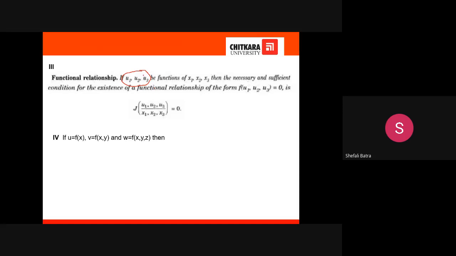Property number 4. If u is a function of x, v is a function of x and y, and w is a function of x, y, and z, then you need to find the Jacobian of u, v, w with respect to x, y, and z.